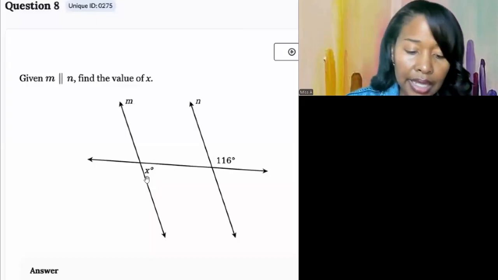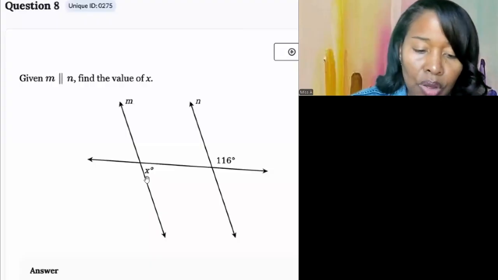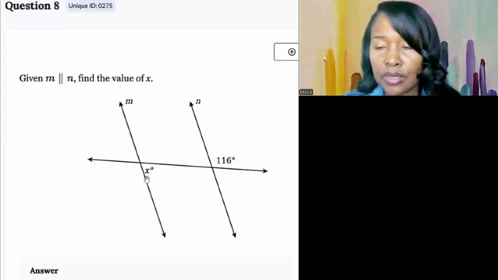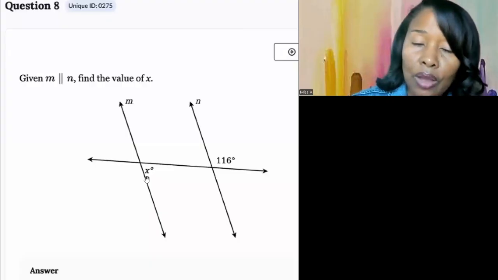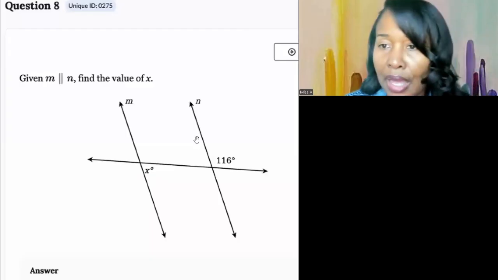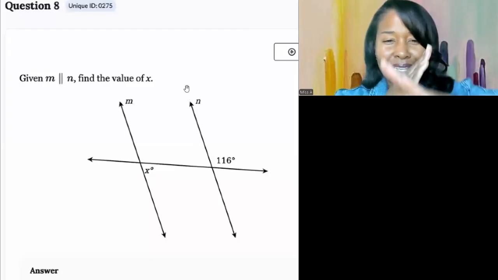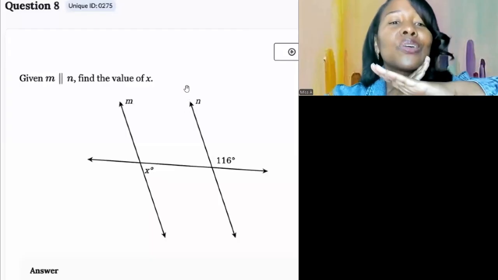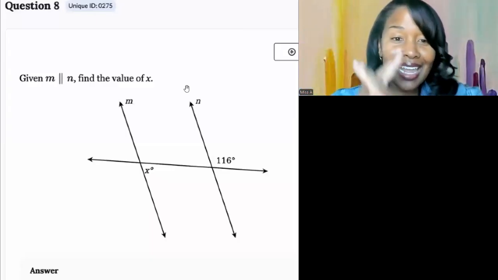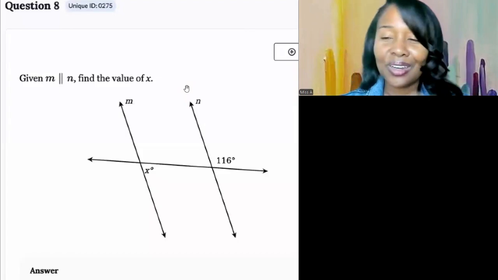But I want to label this based upon what we've learned previously about parallel lines cut by a transversal. We talked about vertical angles in a previous video. So remember, I had you do this with your hands: the angle here and the angle here underneath, those are congruent. And then the angles on the sides, those are congruent.